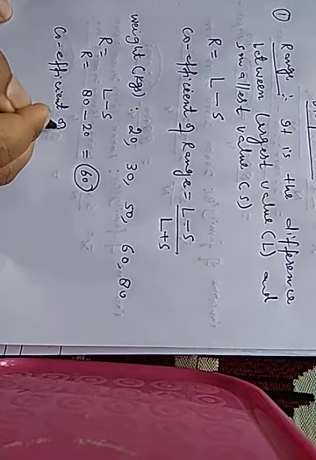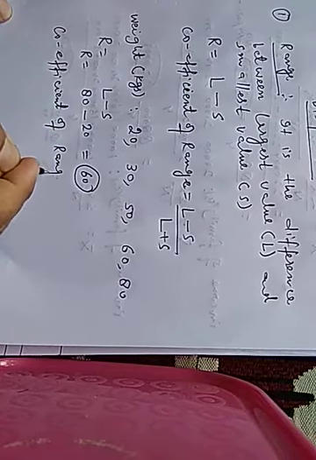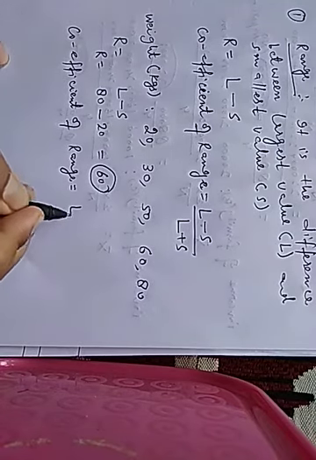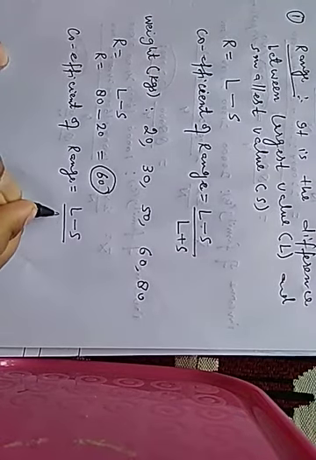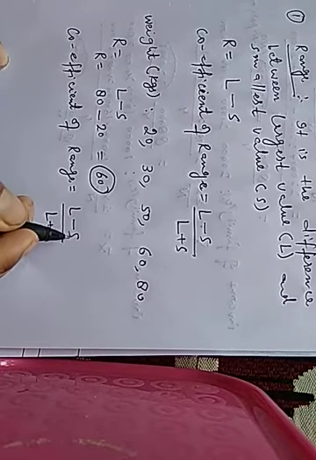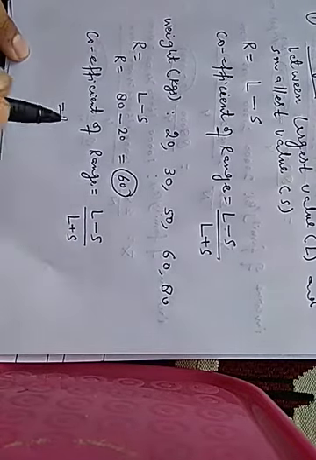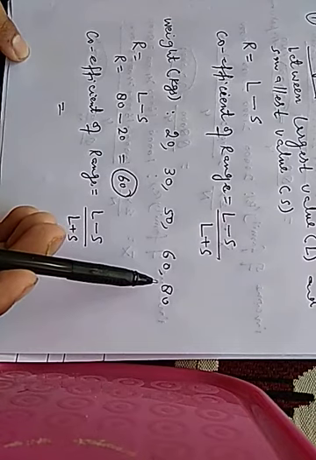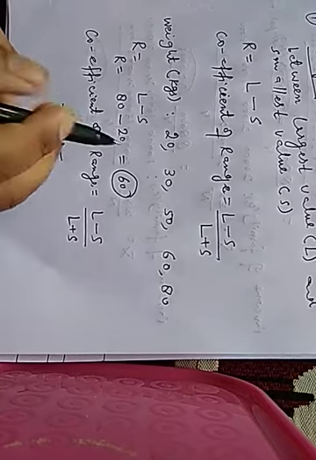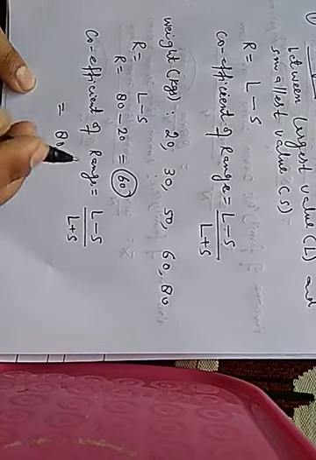And coefficient of range is equal to largest value minus smallest value divided by largest value plus smallest value. The largest value in a given data is 80.